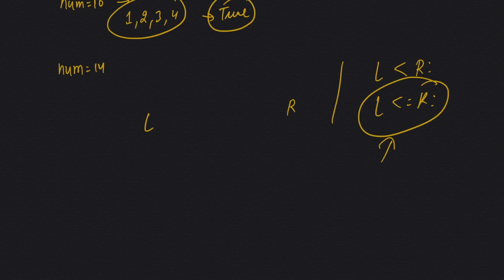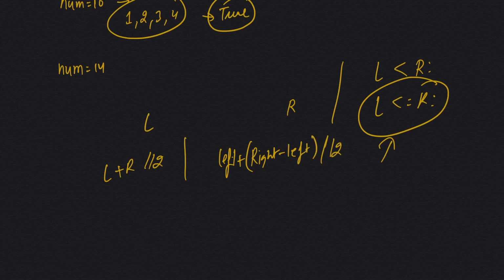And what is mid going to be? That will be left plus right divided by 2. And if you are using Java, then you can use left plus right minus left divided by 2 to overcome the problem of overflow.